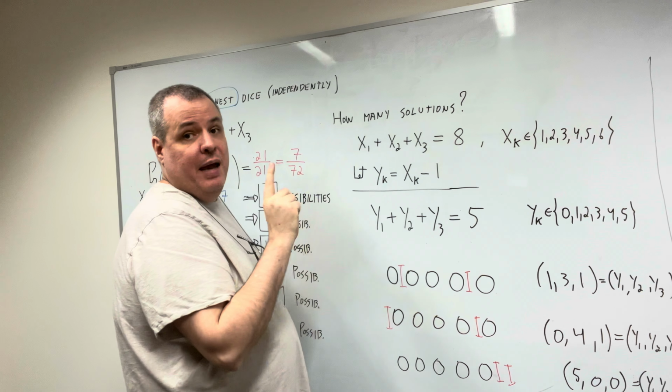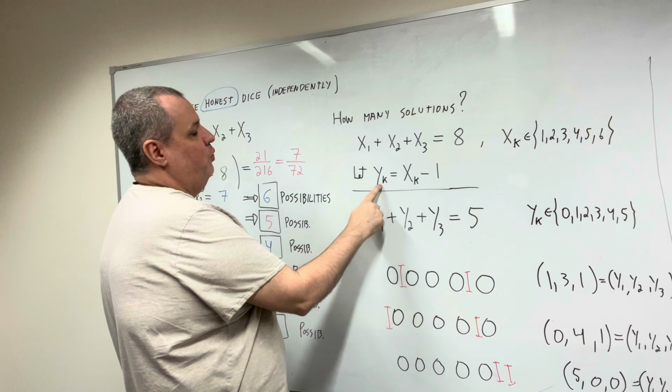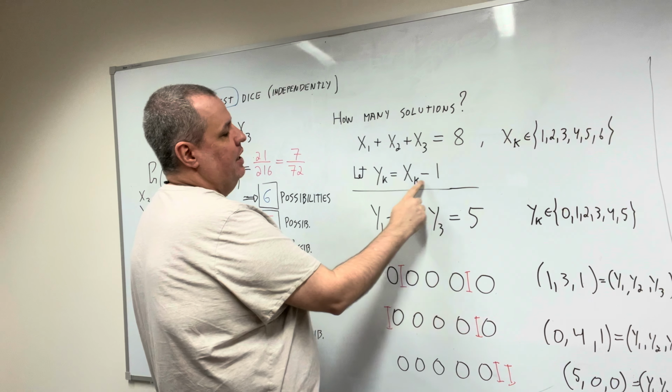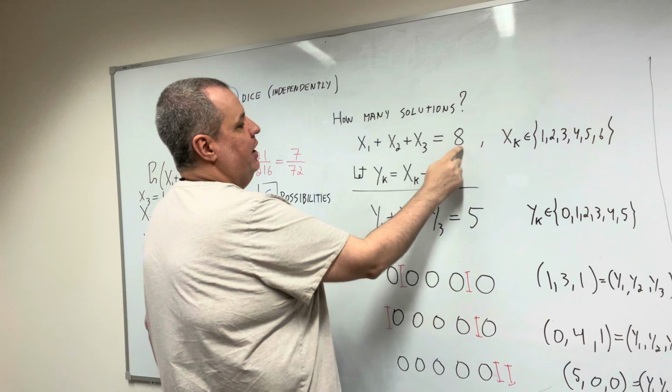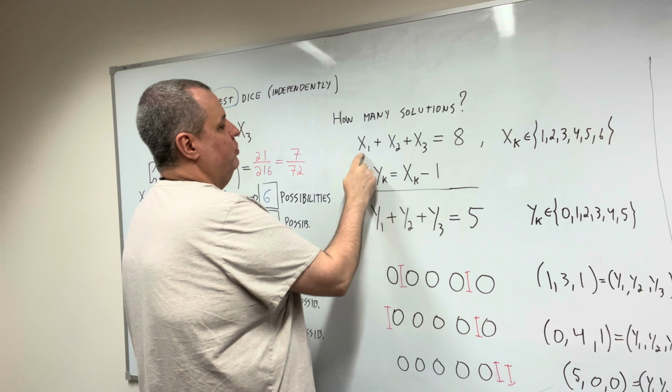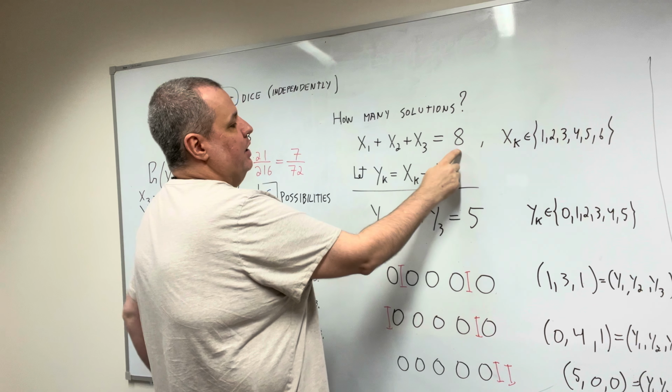Let's do one magical substitution, mathematics after all. Let yk be xk minus 1. So you have to have 8 things, choosing x1 of the first type, x2 of the second, x3, and it has to be 8.